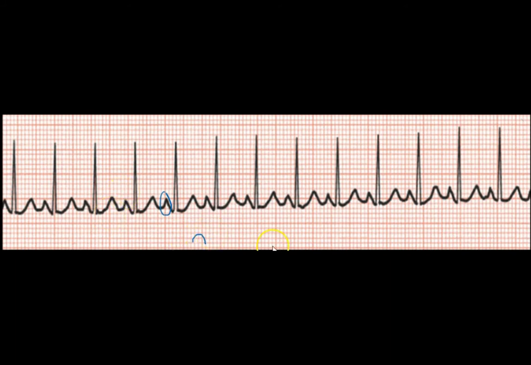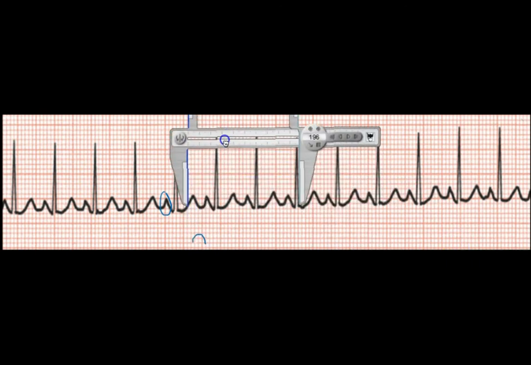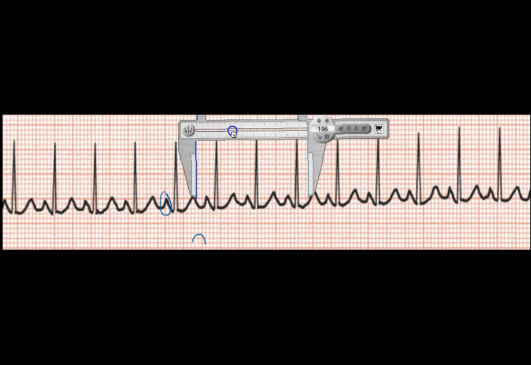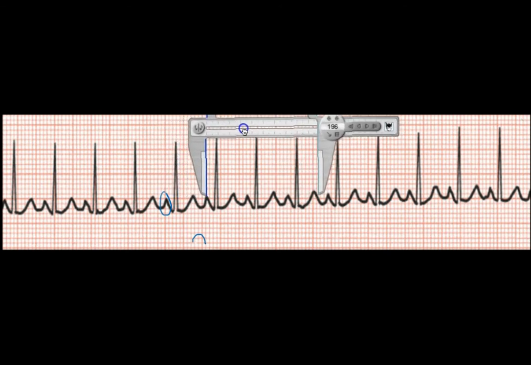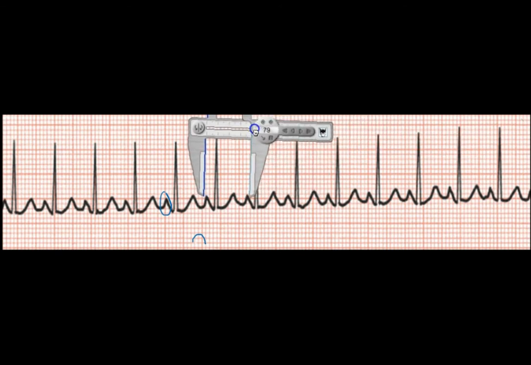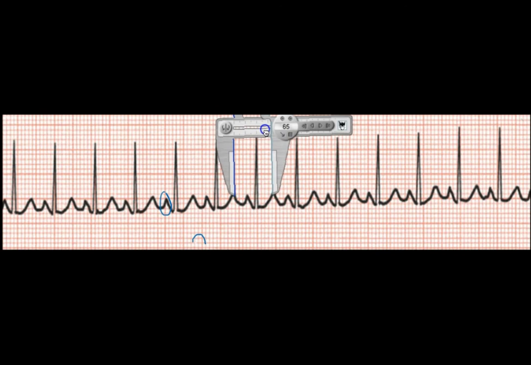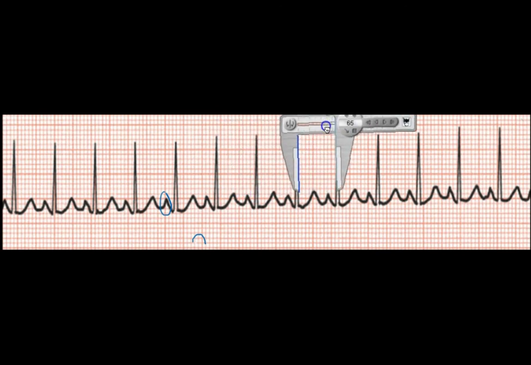So let's find out. It does look like there are P waves. And just for simplicity, I'm not going to go ahead and circle each one, but we're going to measure them. So if they're P waves, they should line up. And we're just, again, doing a P to P. And we'll move our waves down.